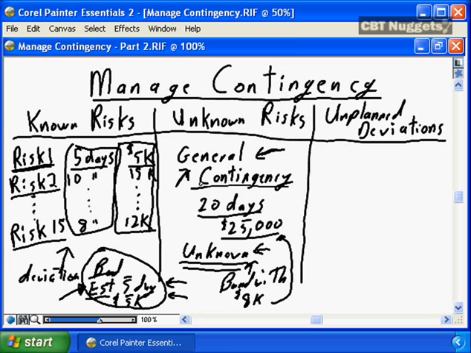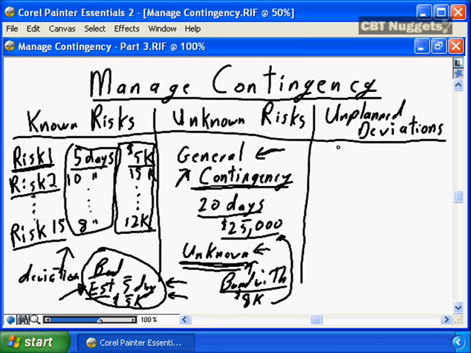You need to ensure that when you're applying your general contingency that you're truly dealing with unknown risks, and that you're taking the appropriate actions to ensure your project is delivered, that you're consuming your general contingency for true risk events, and that you are not consuming your contingency for typical ongoing project delivery challenges.